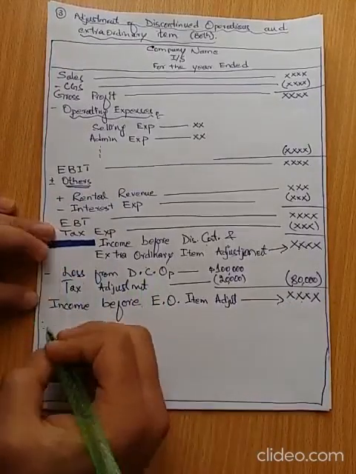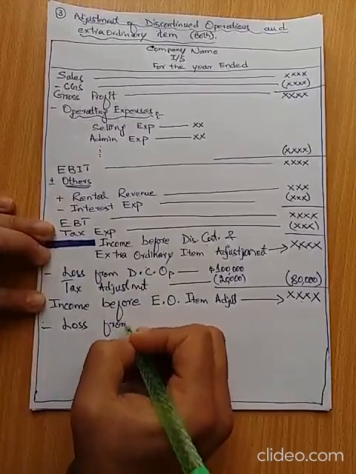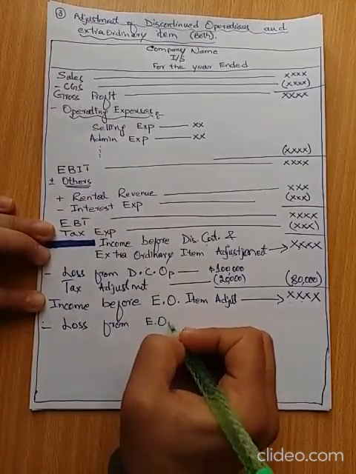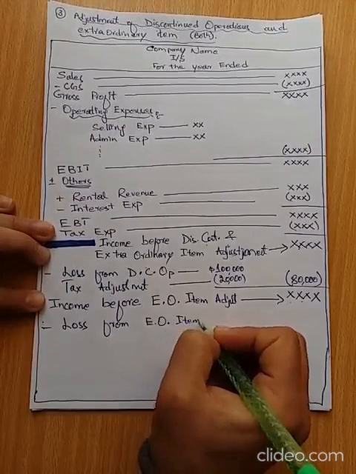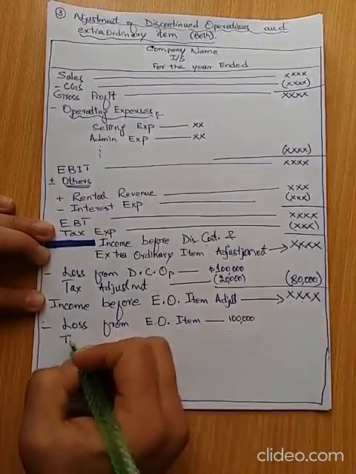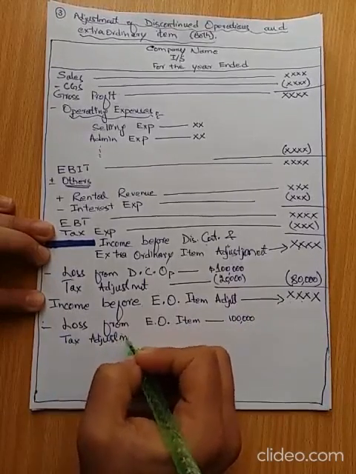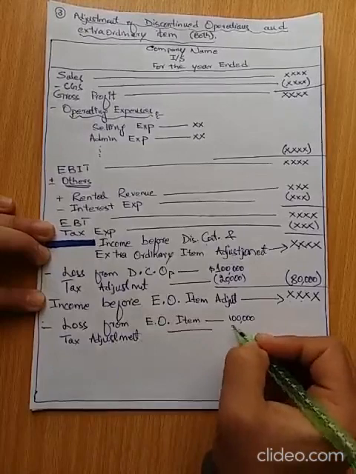Okay, and after this I will write here minus loss from extraordinary item, which is, let's say, 1 lakh, and then again I will write here tax adjustment 20,000.